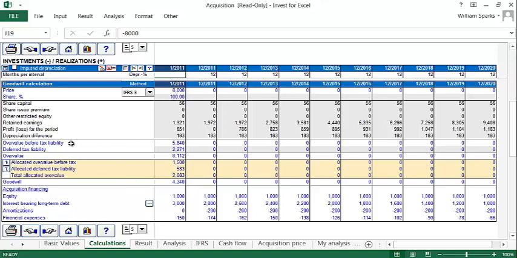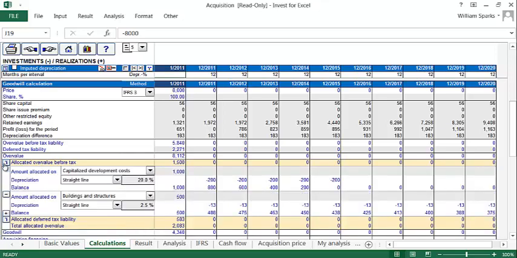Nothing changed. What if you press open this allocated row value before tax? There's a button. Yeah. Oh yeah, it was just closed.